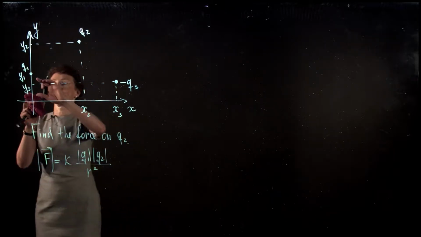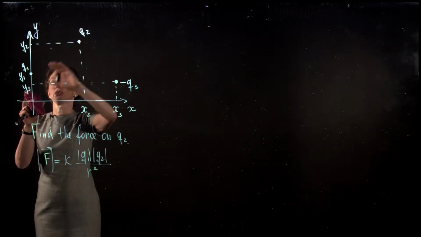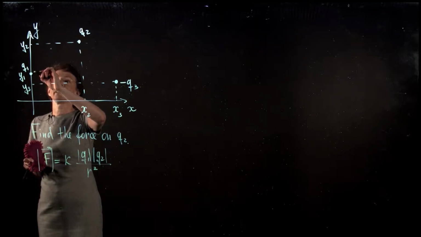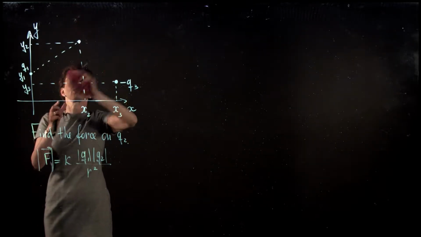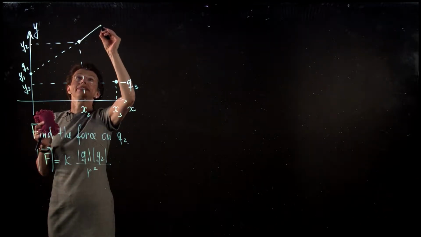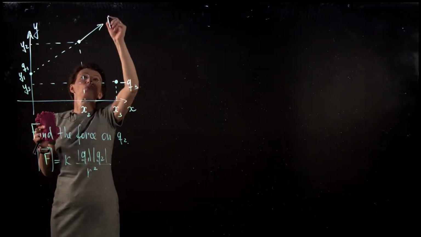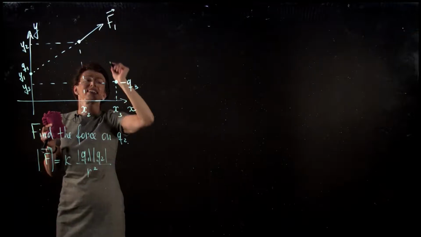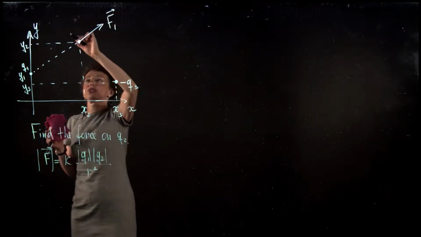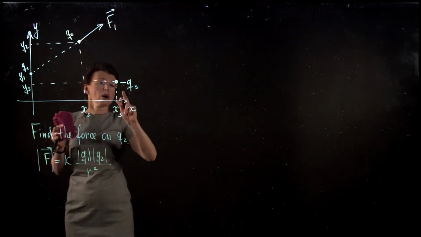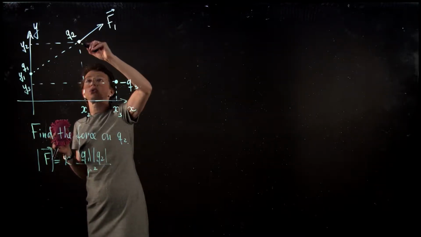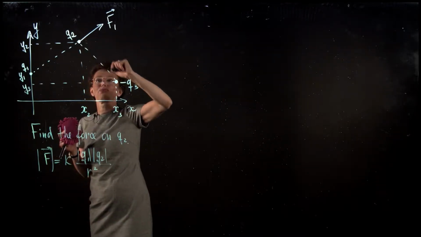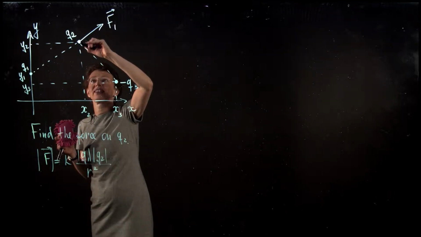So we will find force exerted on Q2 by Q1, and this force will be repulsive force in this direction. We will call it F1. Force exerted by minus Q3 on Q2, this is Q2, will be attractive force along this line.